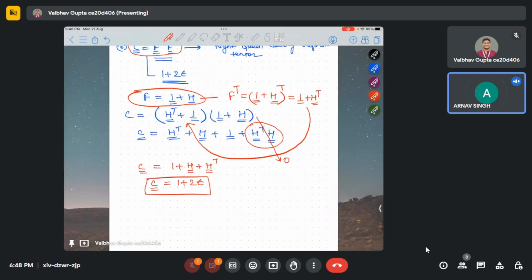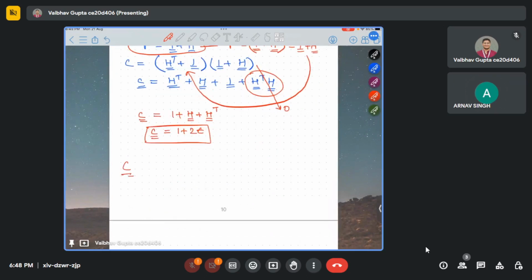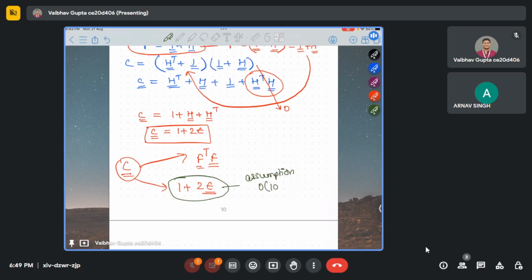So to calculate C, we have two options: either you do F transpose F, because you have calculated the F matrix, or you use this formula. So when to use which? In this formula we have used the assumption that the order is 10 to the power minus 3, which means small deformation.